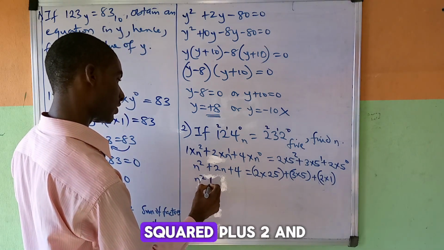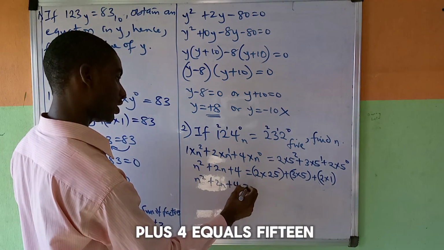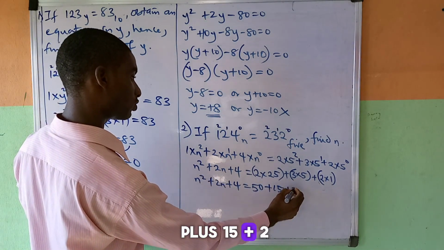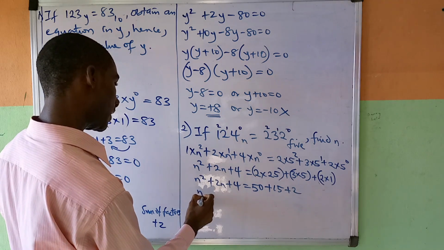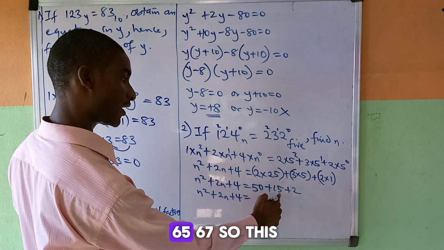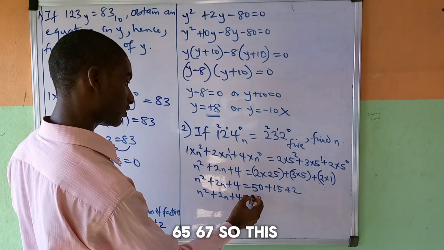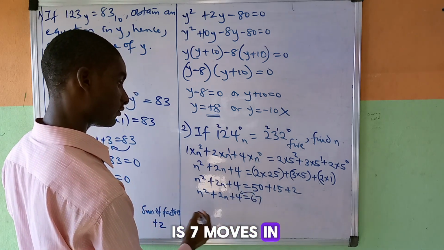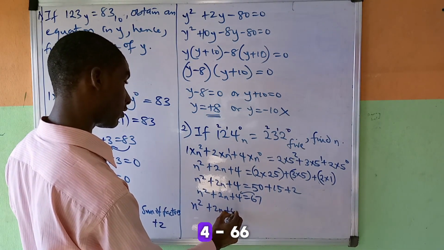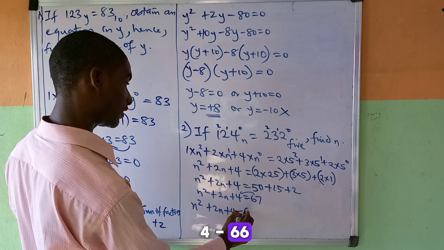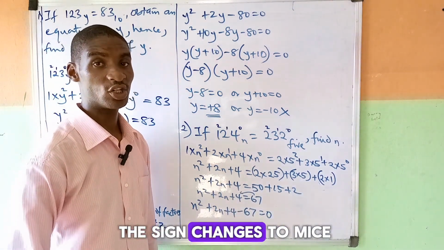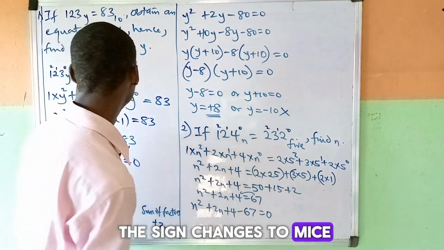So we have n squared plus 2n plus 4 equals 50 plus 15 plus 2. n squared plus 2n plus 4 equals 67. So this 67 moves in, so we can have an equation: n squared plus 2n plus 4 minus 67 equals 0. When it crosses in, the sign changes to minus.